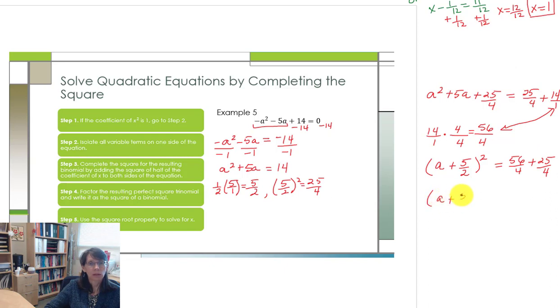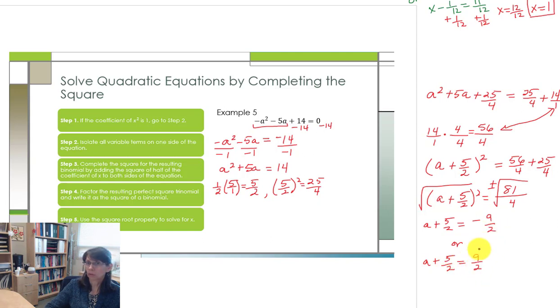That looks like a plus 5/2 squared is some amount of fourths. 56 plus 25 is 81. So 81/4. We're ready now to take the square root of each side of our equation. And we're considering both the positive and negative square root. So a plus 5/2 could equal the negative 9/2, or a plus 5/2 equals positive 9/2.